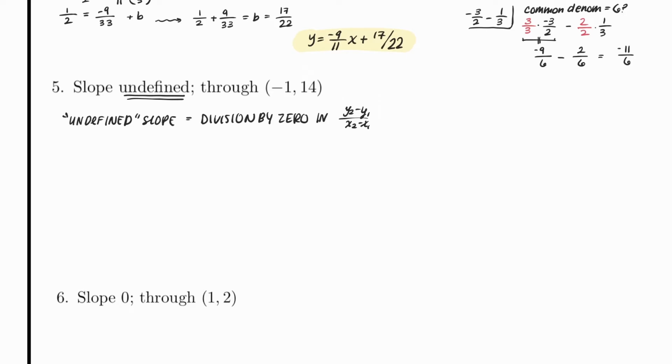You can also think of this if I draw a coordinate plane. Something with undefined slope is just going to be a vertical line. You can check that if I take 2 points on this vertical line, I do indeed get a division by 0 when I try to find the slope.